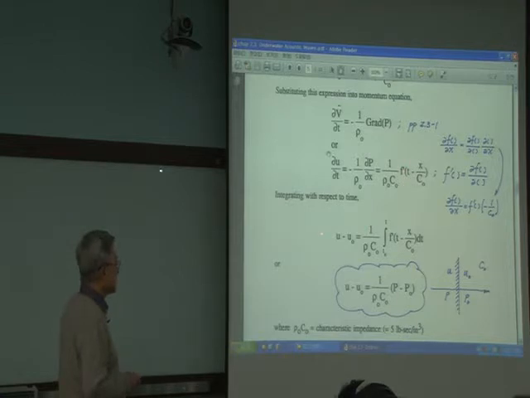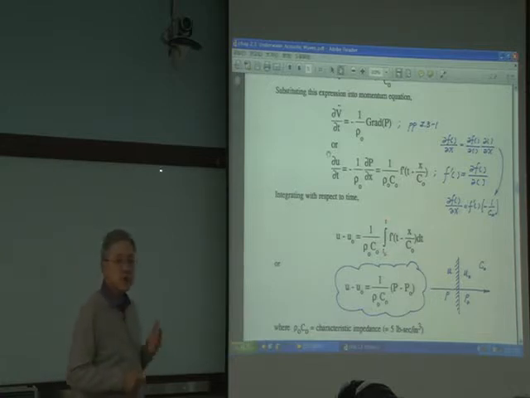So now, integrate this equation with respect to time t. You can move this guy to here, then integrate, from time t naught to t. T naught is the initial time.